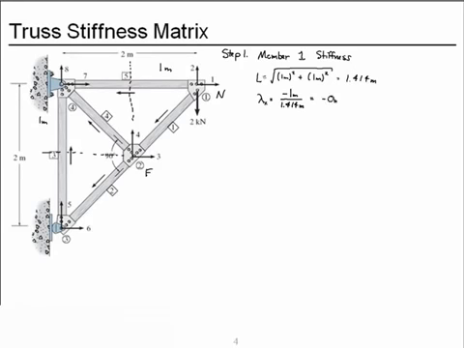So my directional cosine in the x direction is a negative 0.707. In the y direction, near node to far node y coordinate is negative, and again the length is 1.414 meters, and so this directional cosine is also a negative 0.707.